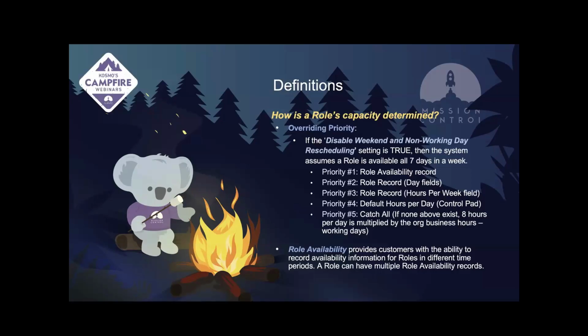You can use the default hours per day field on the custom setting tile on the control pad. So if you know your users are not necessarily working 8 full hours, but more like 6.5 or 7 hours a day, you could put 7 as the default instead of the 8 that comes from the system's default logic. That can be controlled on the control pad as well.